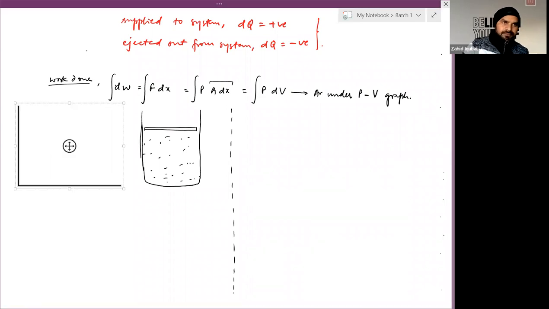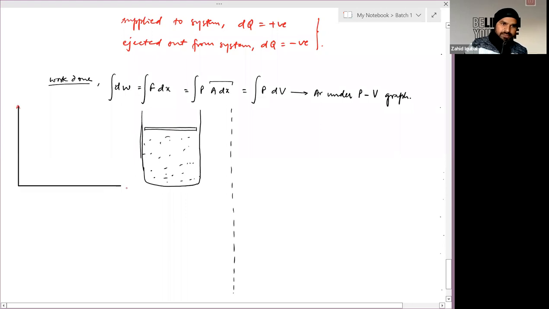This is pressure versus volume. Suppose particles of this gas are applying some force to stretch it or to expand it from this point to some new point.